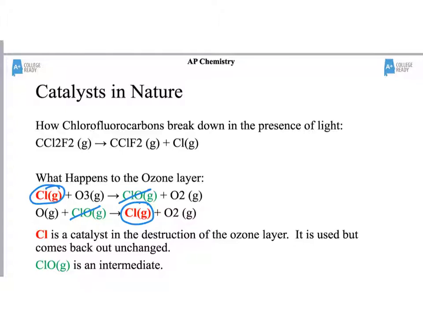Why? Because it just gets produced and can be used again. It went into the reaction, it came back unchanged. So that's what you're going to look for when you see a catalyst. Catalyst goes into the reaction, comes back out unchanged.